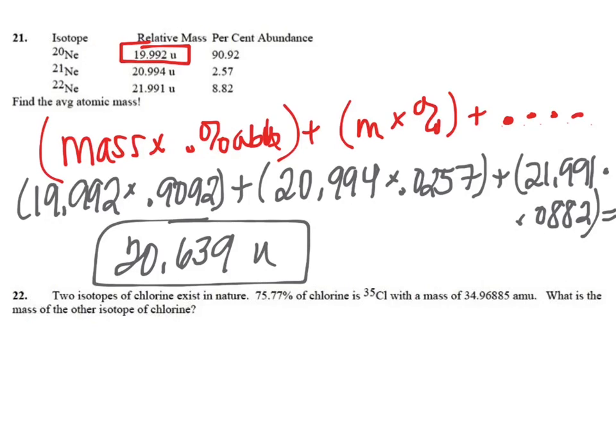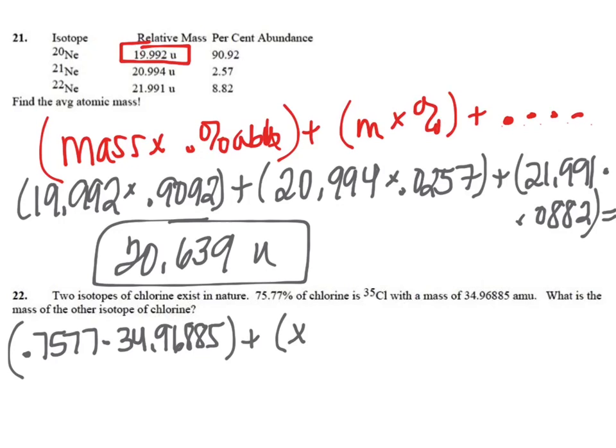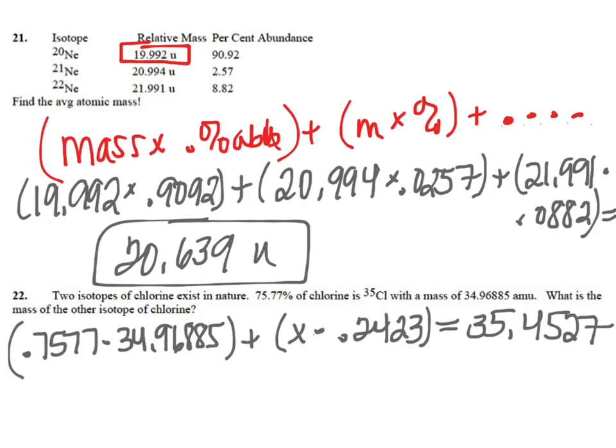You do 0.7577 times the mass of the 35 Cl, and then use the other variable as x, so that plus x times the amount that we have, which is 24.23%, or 0.2423, and set that equal to what's on the periodic table, which is 35.4527.